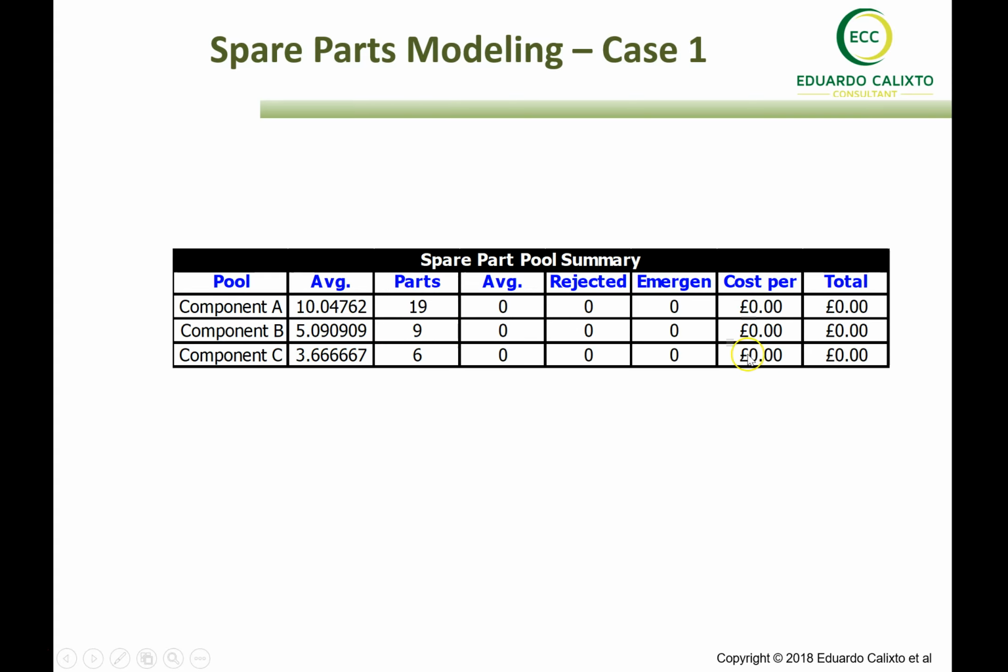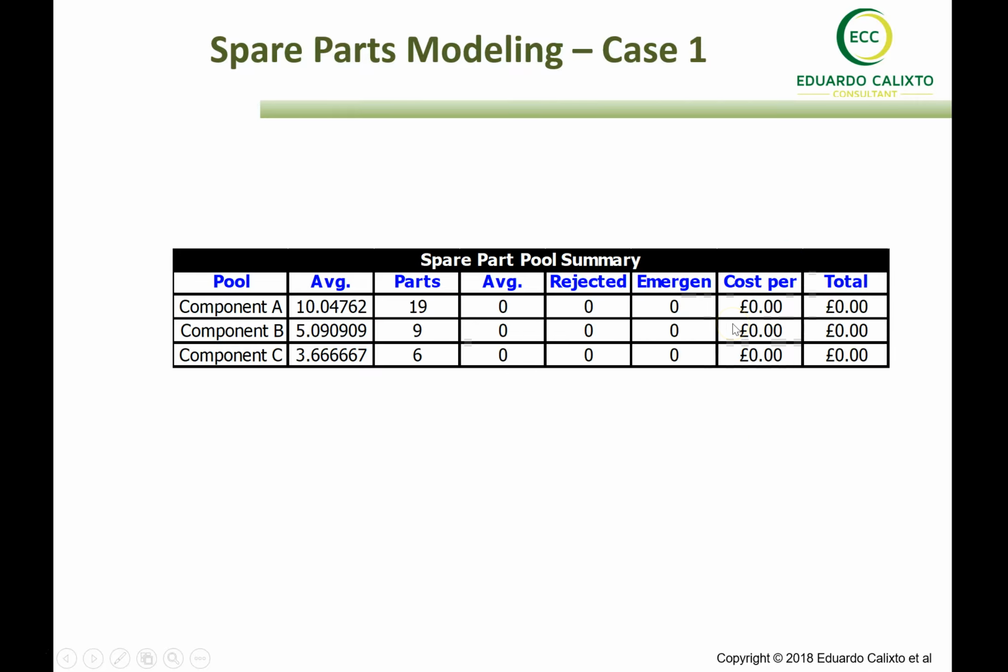I did not put in the cost, but if I include the cost in here, I would say that I need to pay all the spare parts cost in the very initial life cycle of my process plant. And from a cash flow point of view, of course I can reduce this initial cost and have a more profitable cash flow because I don't need to invest too much money in spare parts.